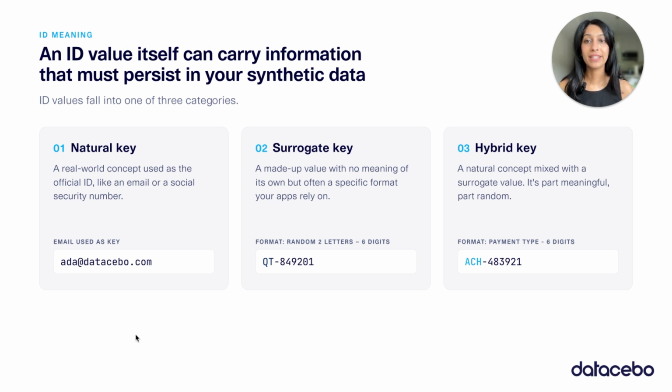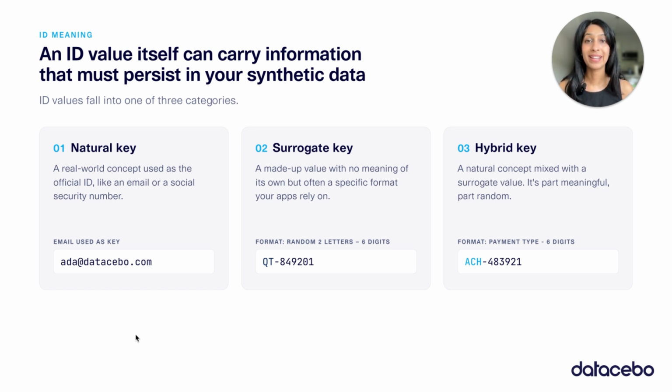We've seen that ID values typically fall into one of three categories. First, you have natural key IDs. This is when you use an outside concept, like emails or social security numbers, as the official ID for your database. Second, you have what's called a surrogate key. This is when you essentially tell your system to make up a value, like keep an incrementing index or a random number of digits.